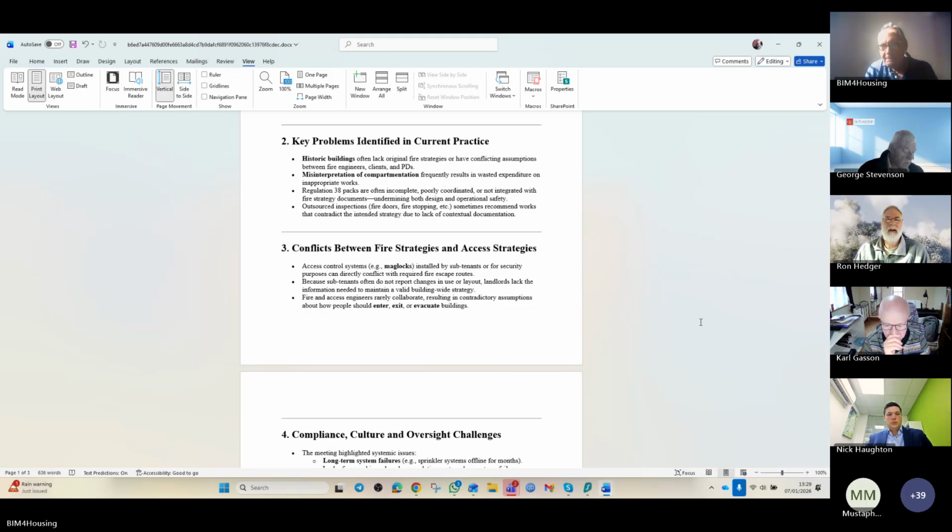Thank you. So this is the problem with the contents of a fire strategy, in that there are frequently additional fire precautions which are requested or required by other users, beyond the legal minimum level of safety, as property protection, business policy, or business continuity and protection. These are quite frequently not recorded as such in the fire strategy.